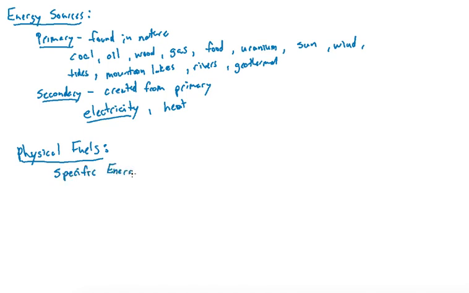Whenever you see that, that means it's going to be something per mass. And so specific energy would be energy released when you're using that per mass. So you want to look at something like this where, say, you burn a piece of food and you measure how much heat comes off it by seeing how much it heated some certain known amount of water up, because you know the heat capacity of water, and so you heat up the water and you see how much energy was actually released while you burned that fuel.